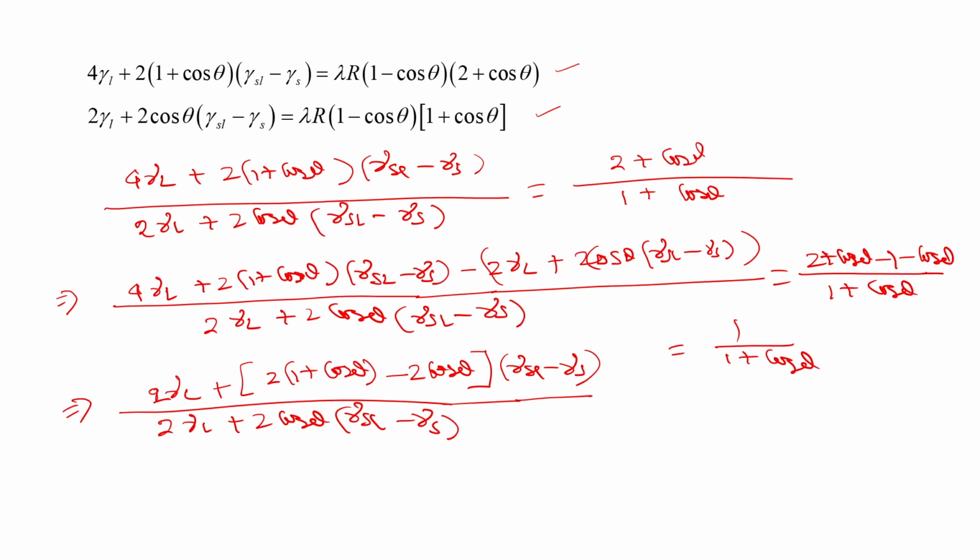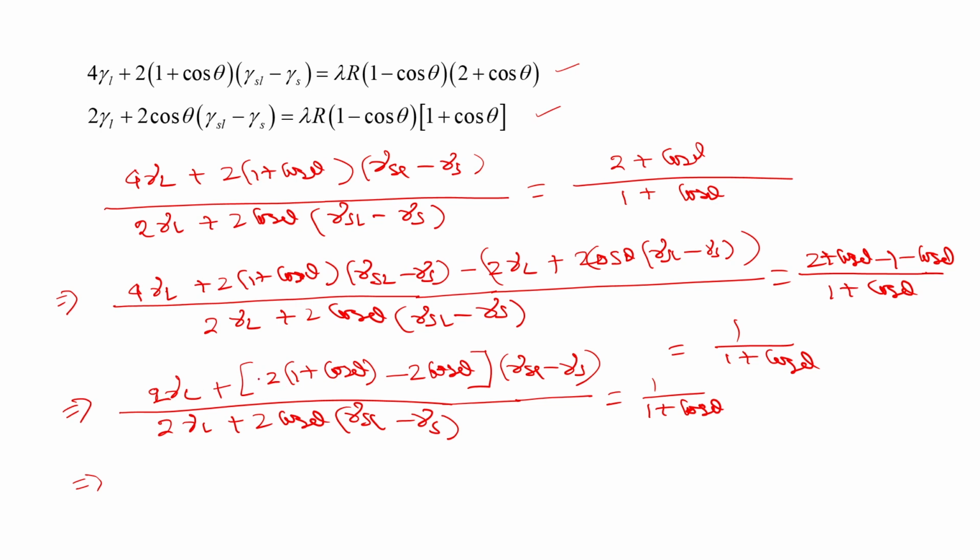You do a little algebra here like this, the one where I am doing here with 1 plus cos theta. So, here finally, 2 cos theta is going to get cancelled.